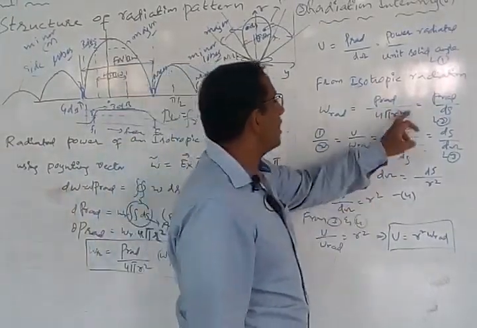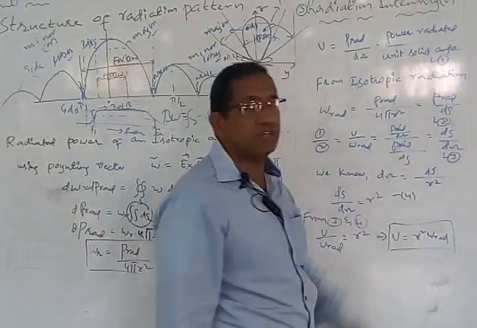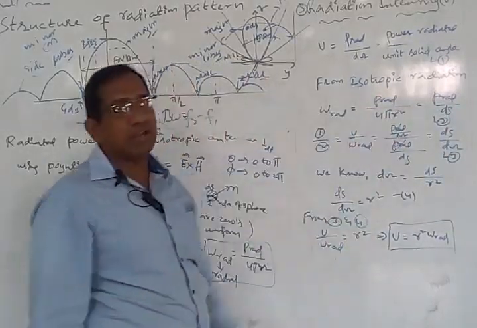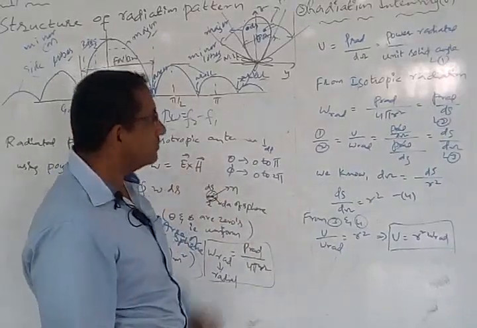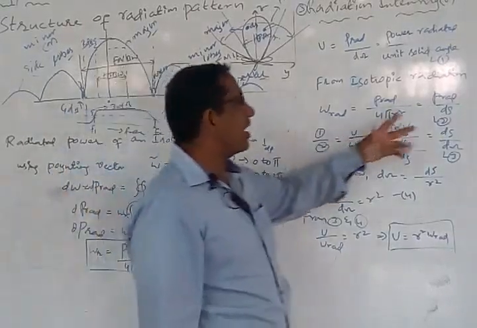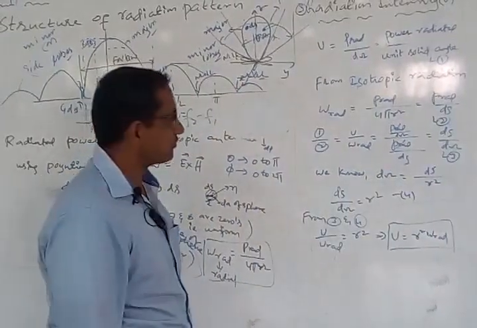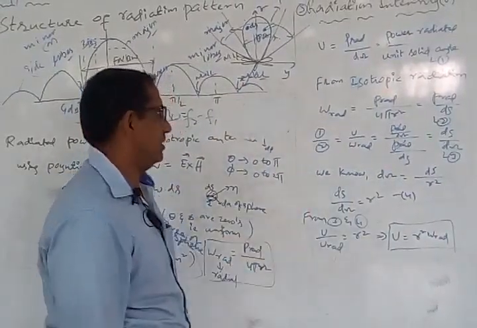What is this 4 pi r square? It is the total surface area of the sphere, so I can simply represent it by ds. Instead of writing 4 pi r square, I will write it as the surface area of a sphere.